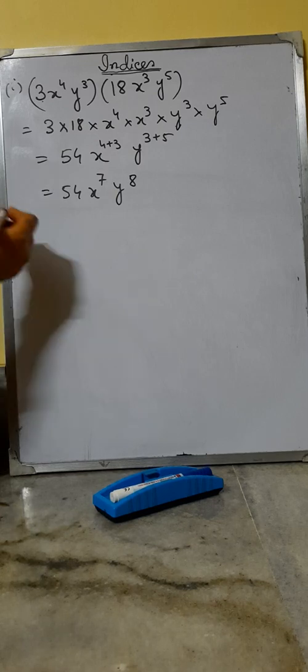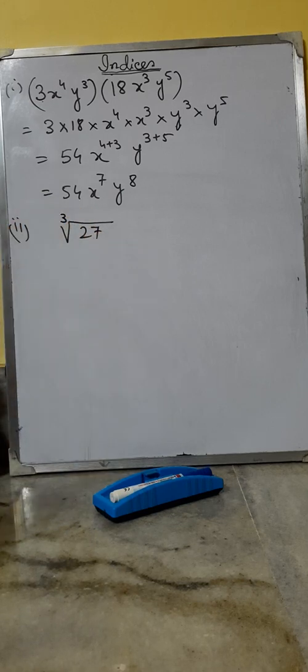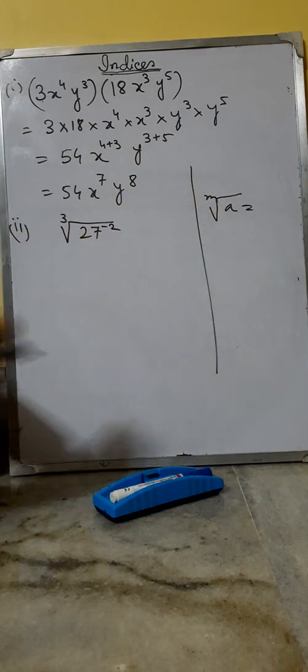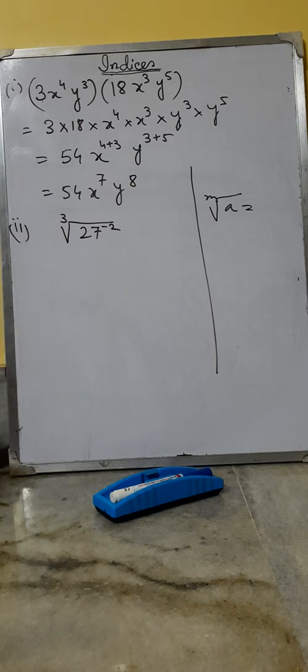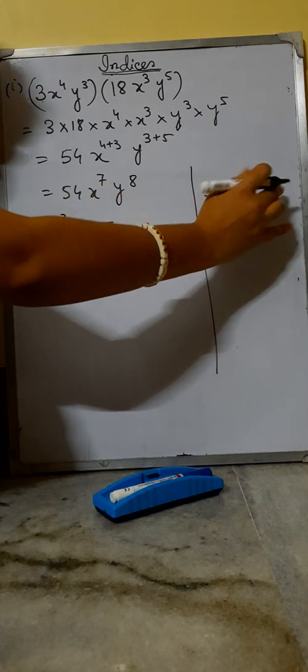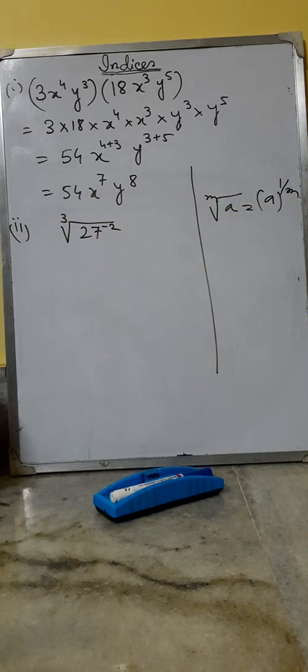Okay. Next example, if it is given 27 root cube to the power minus 2. Now what do you do? One more thing you have to remember: if it is given in this format, root over a, this means you have to write a to the power 1 by m.